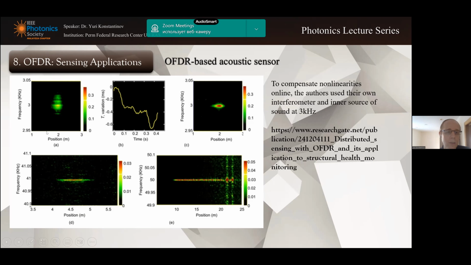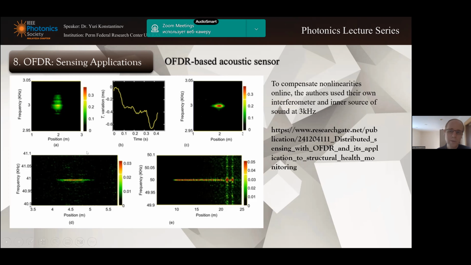The vibrations are within the range of tens of hertz, and I can't remember, I think it's about 40 kilohertz or something like this. Amazing results. You can access this publication using this hyperlink.